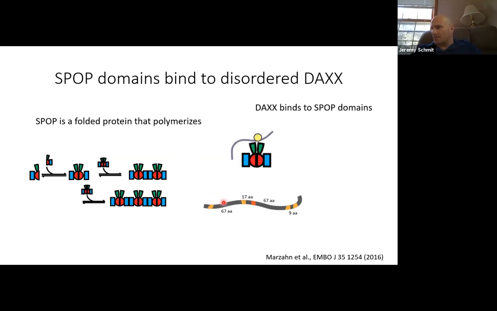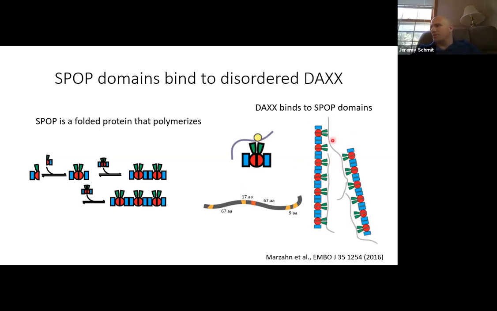So DAX is an intrinsically disordered protein, and it's got roughly 5 sites that recognize and bind to these green domains on SPOP here. And so the cartoon that this evokes is something like this, where we have these disordered linkers that are going to join together these long rods.